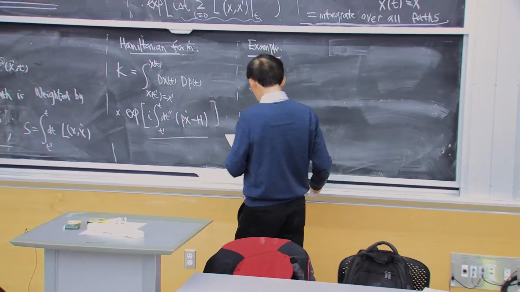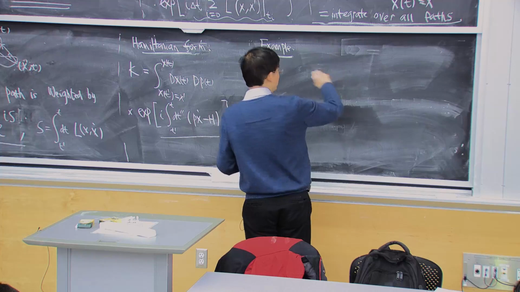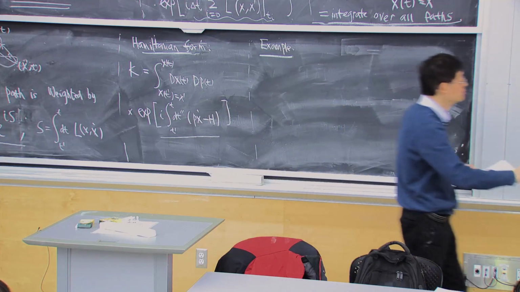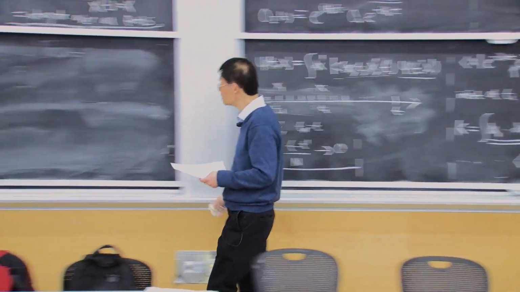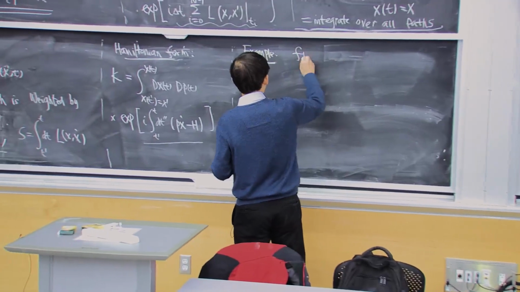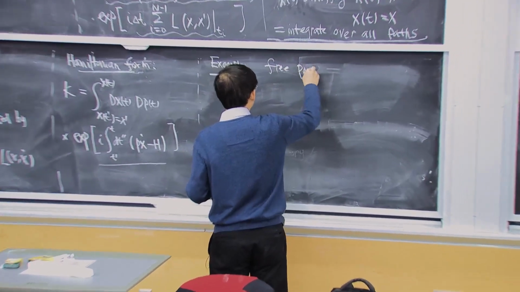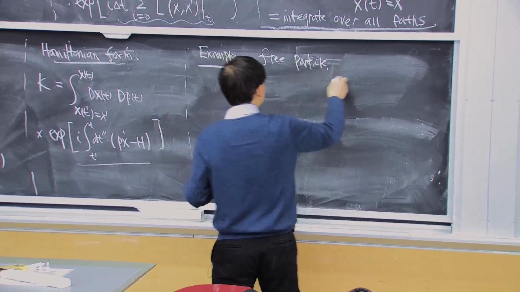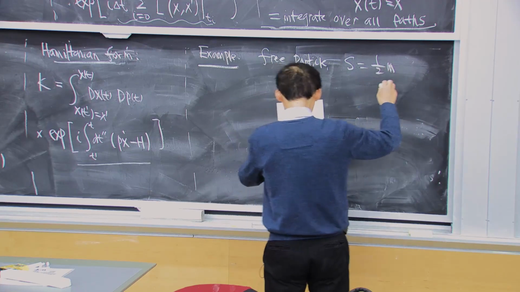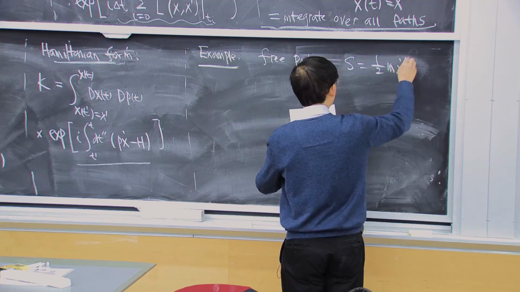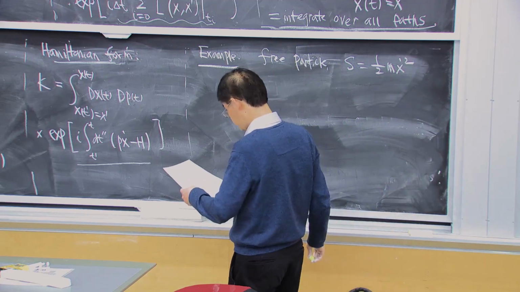So now let's consider a simple case. We just consider a free particle, so there's no V. So here S is just 1/2 m x dot squared.